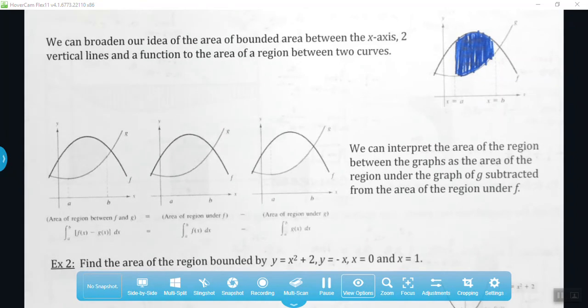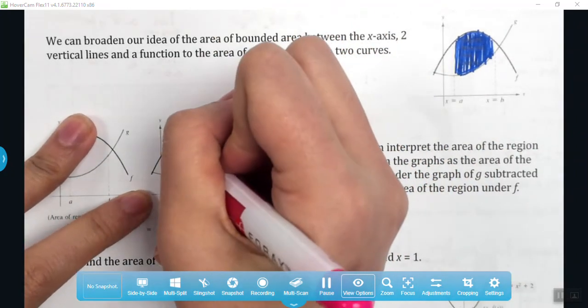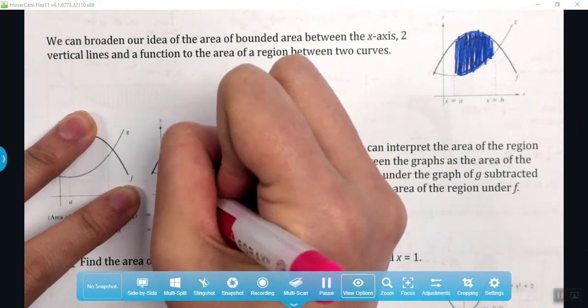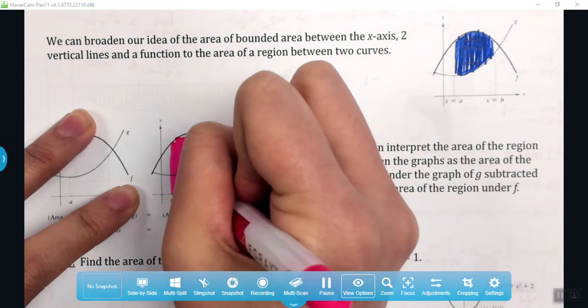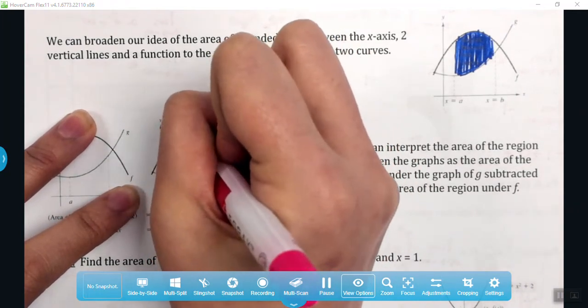Okay, so if I want the area between these two curves, then here's what you do. You find the area from the top all the way down, because you know how to do that, right? We just did that to the x-axis.